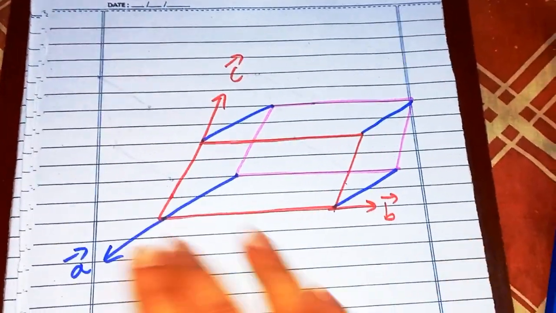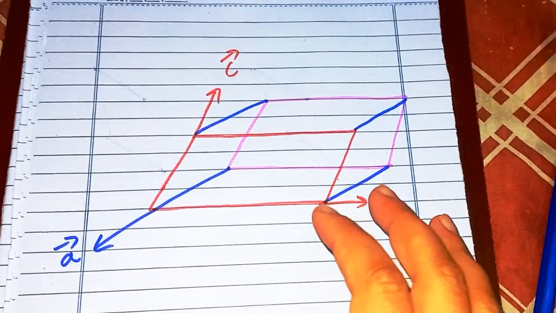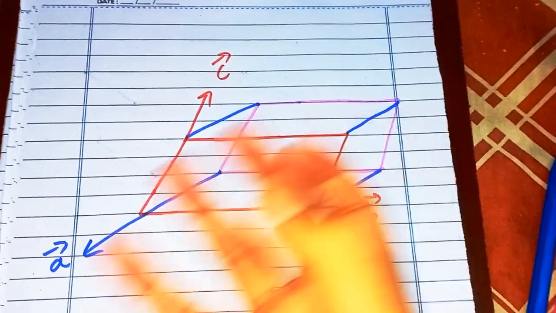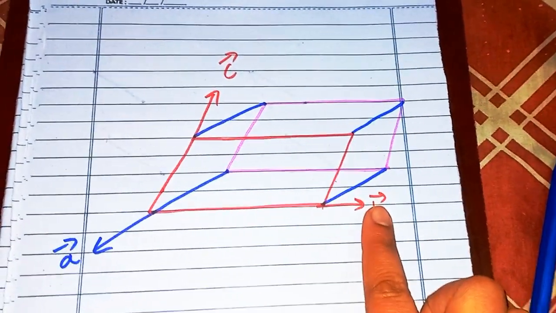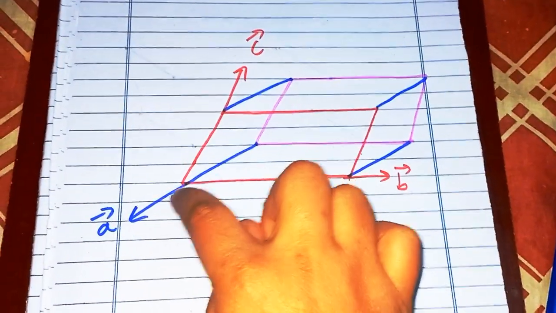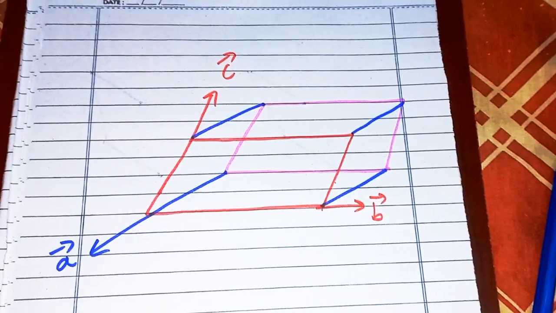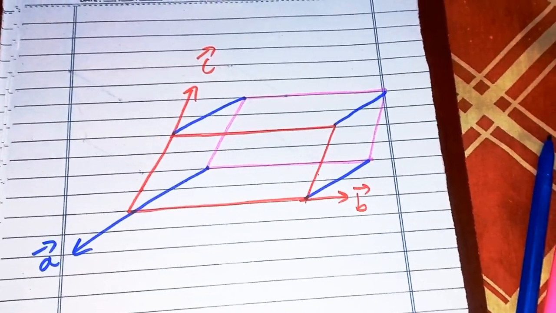As you can see, this is not the original crystal lattice, but we are just taking a chunk out of the crystal lattice. It is not representing the original shape of the crystal lattice. We have just mentioned the lattice directions that the crystal lattice had, and here we are just highlighting two of the lattice planes.